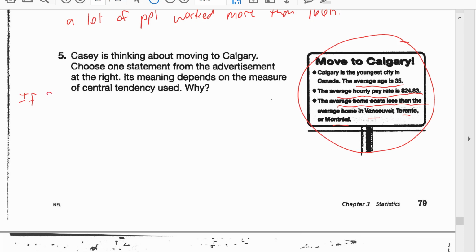If 35 years old is the median, half the people are younger, and half are older.